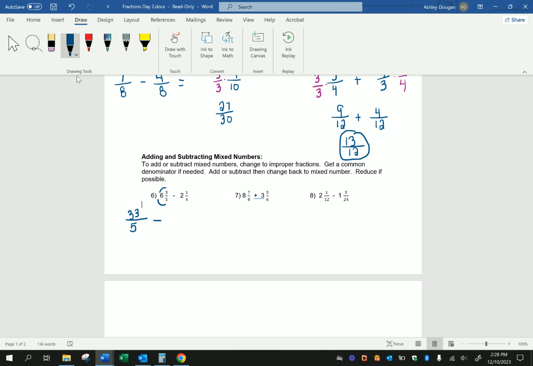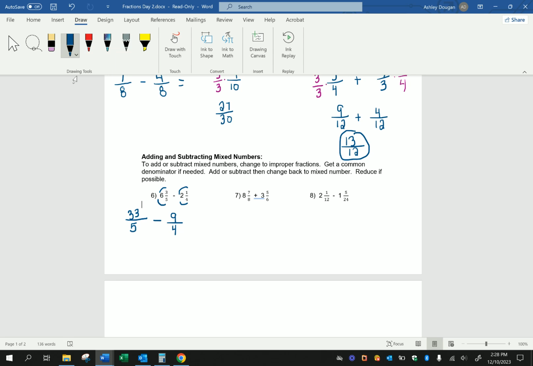And again, to change this to an improper fraction, 4 times 2 is 8. We add 1 and make that 9, and we keep the bottom number the same at 4. So now I'm looking at 33 over 5 minus 9 over 4.